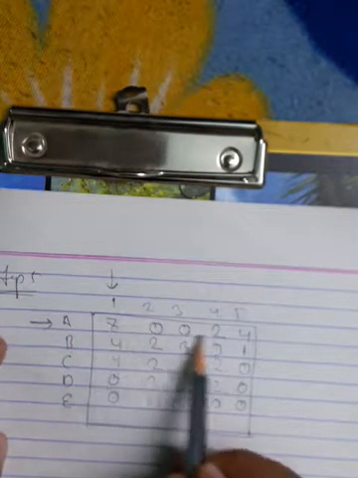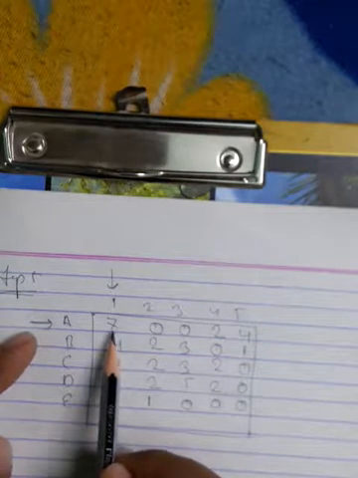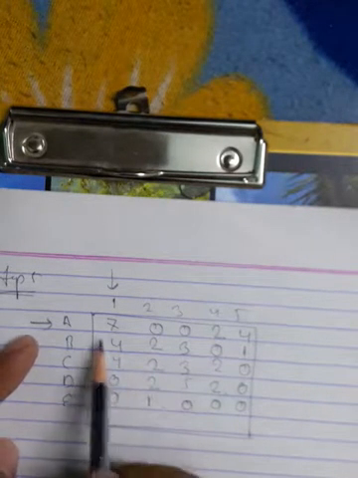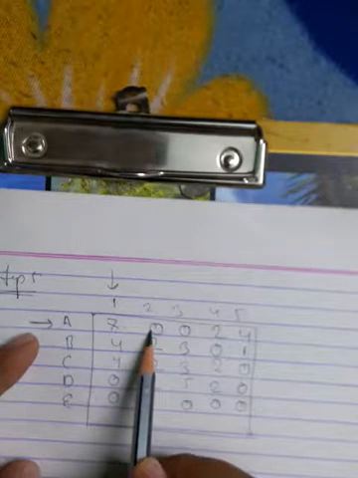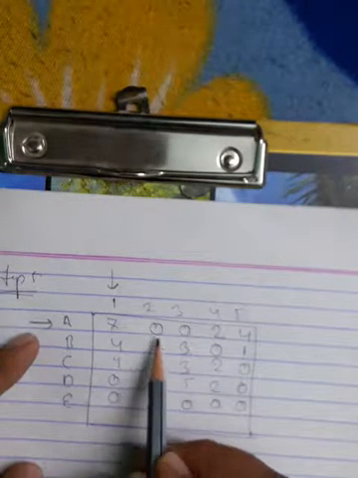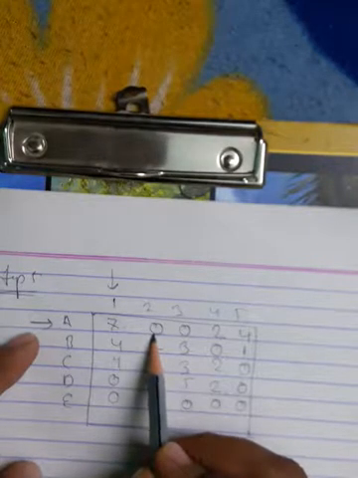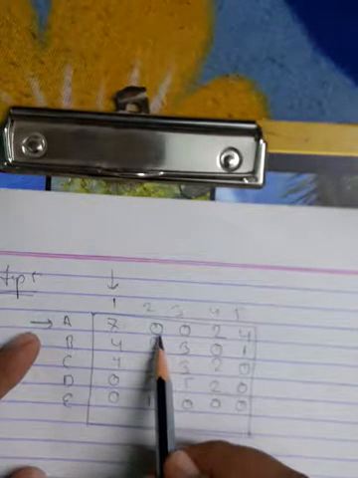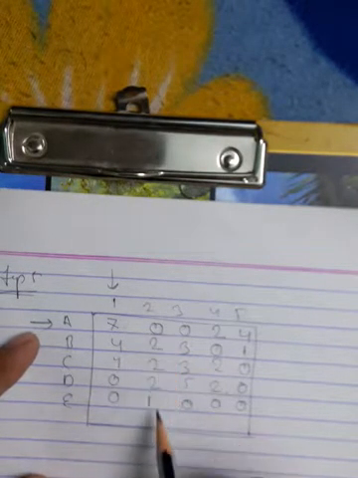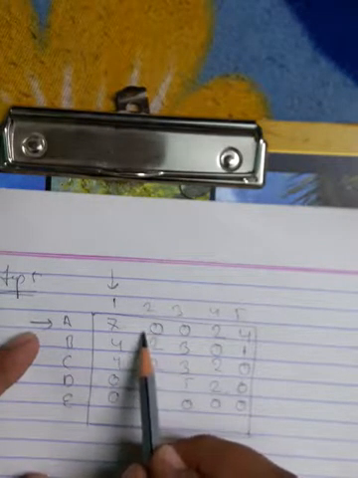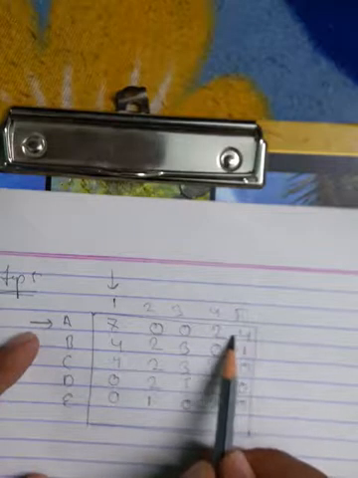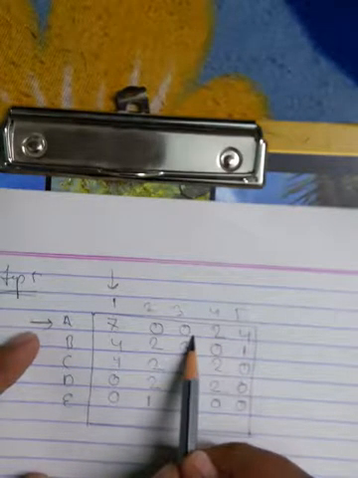Top to bottom, this is my first row, and left to right you have to focus only on the 0. Okay, so going left to right, I will get the 0 first here. Okay, first here. So now you have to check whether it is unique in its row or in its column. If you will see here, it is not unique in its row, okay, since another 0 is also present.